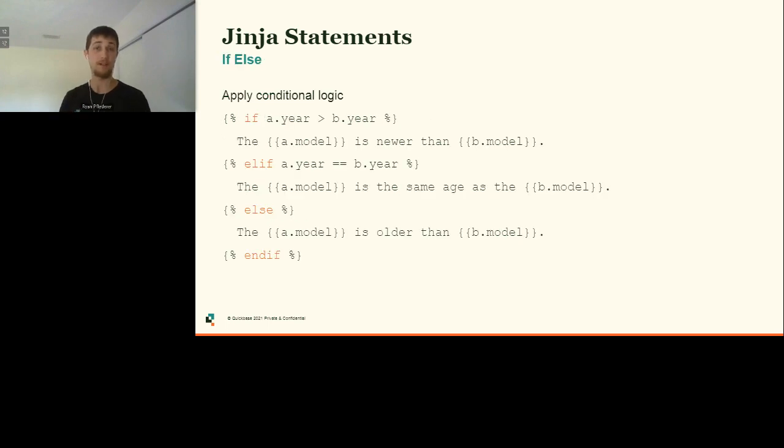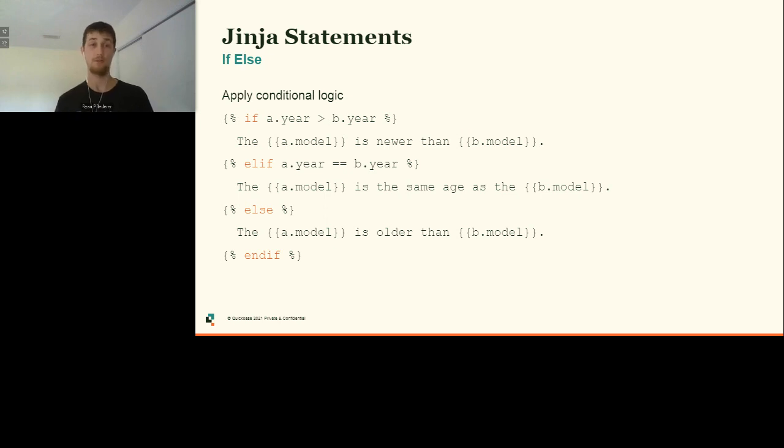Next, we can do if else. If we want to add some conditional logic, we can certainly do that by adding this if statement and building out our logical expression. In this case, if a.year is greater than b.year, then we want to do this. Otherwise, if a.year is equal to b.year, then we want to do this.